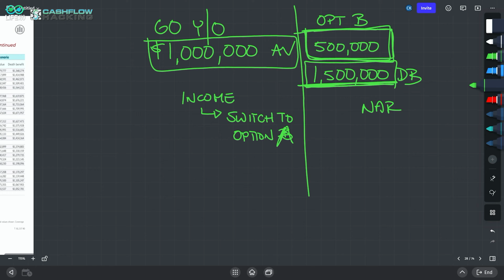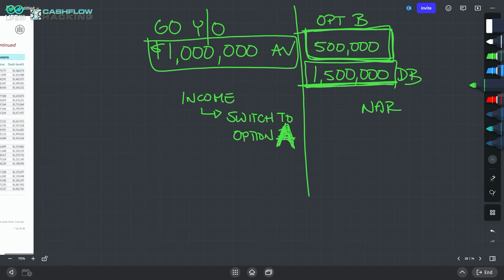I just realized I did that. I was just thinking ahead. You're switching to option A from option B in retirement. So you would switch to option A. The net amount at risk would then be eaten into as the accumulated value goes up in the policy.